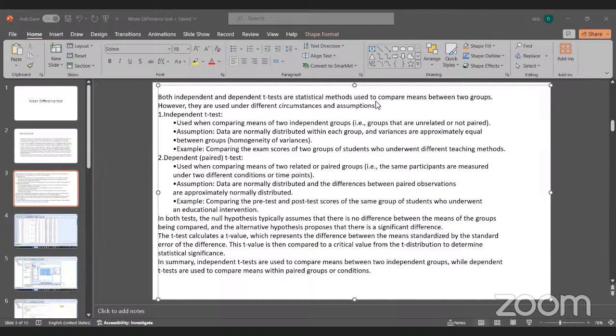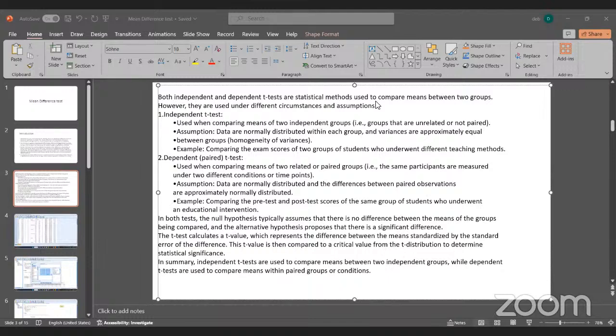In both cases, the assumption is that the data should follow the normal distribution. That is the most important part because these two tests are parametric tests.